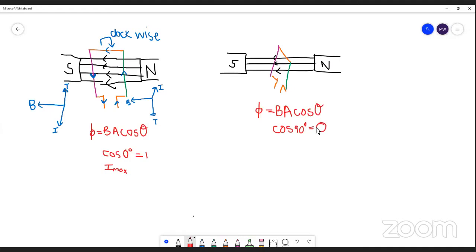So in this case, there will be no current, and this is where your current changes direction.